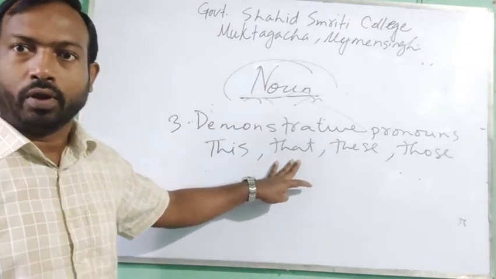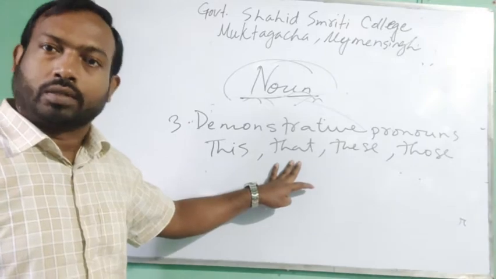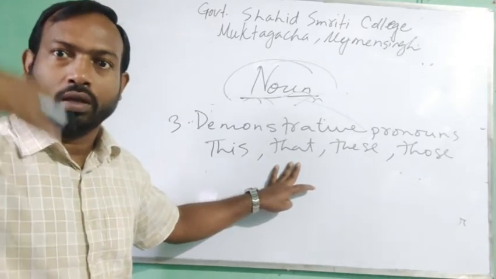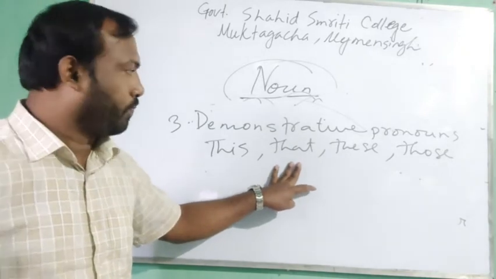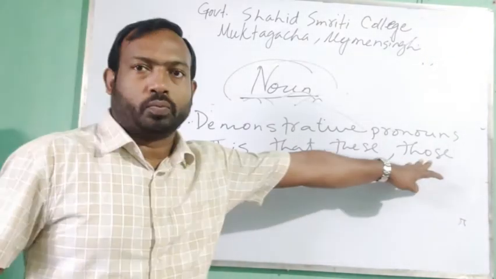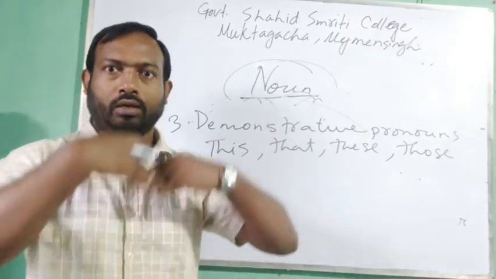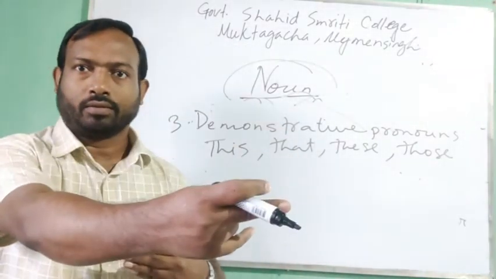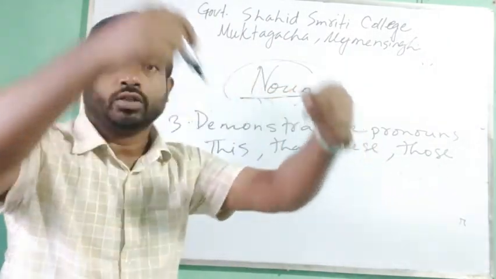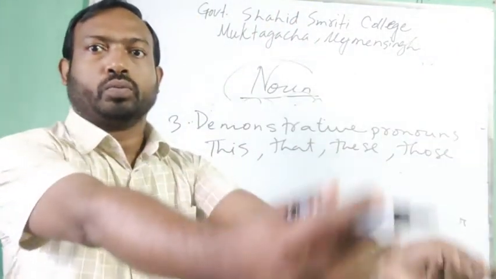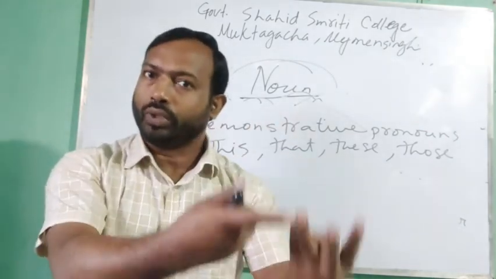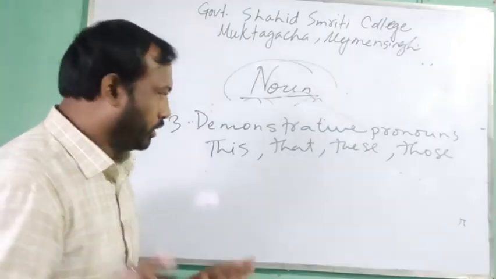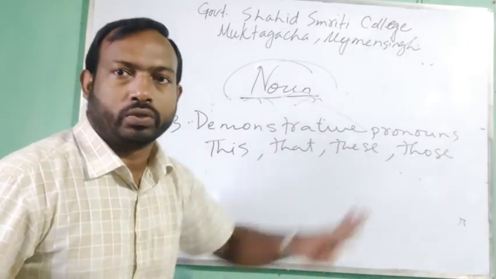That is used for a singular noun, but the thing it modifies should be far. This plural, those plural. Nearer, further. This man, that man. These boys, those boys. So, near, far, singular, plural. So these are about this, that, these, those.